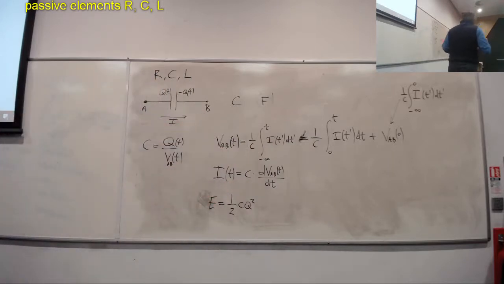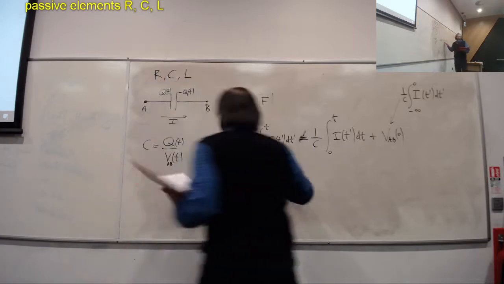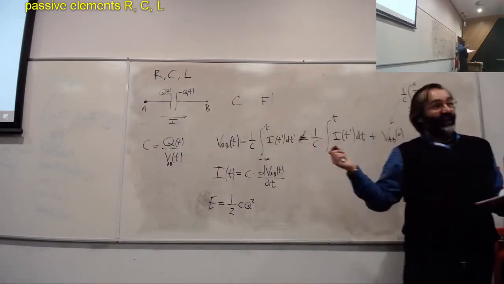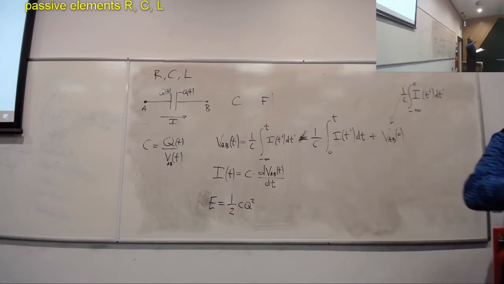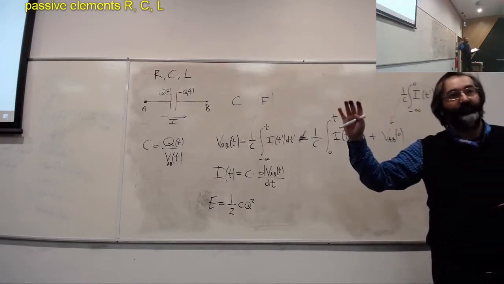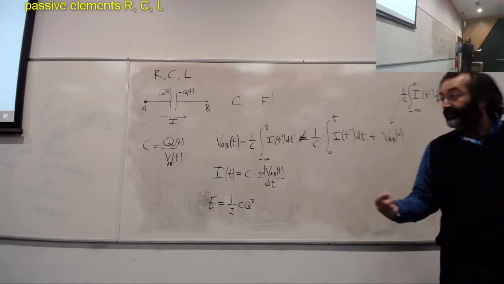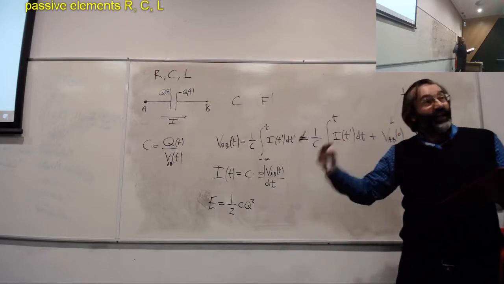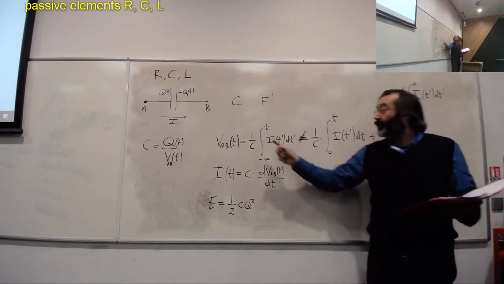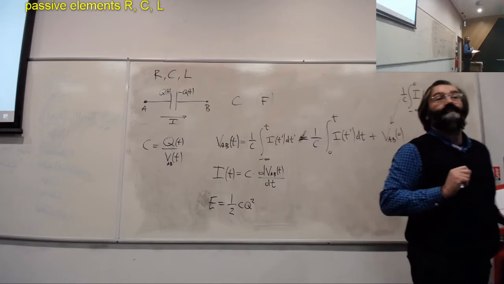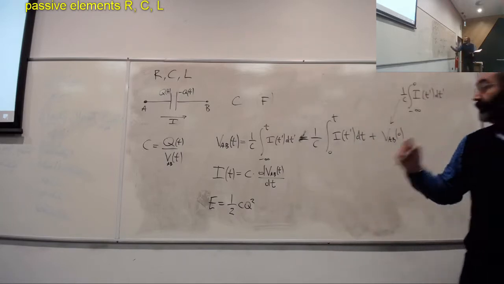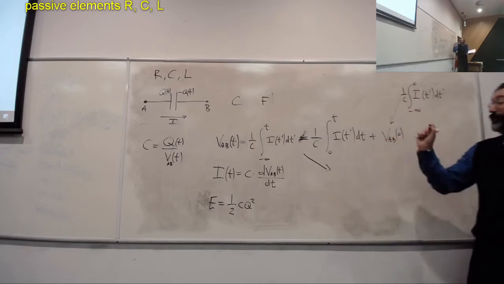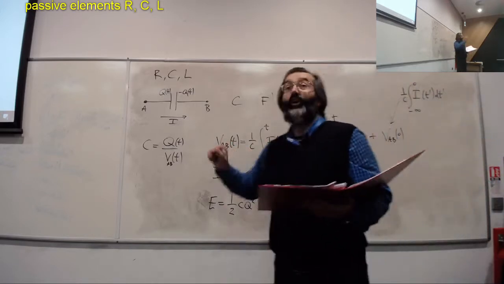This means that while the current can be any wild function you can imagine, the integral of any wild function will be smooth, which we translate in the fact that the capacitor does not allow sudden changes of the voltage at its edges. So remember this, the capacitor does not allow sudden changes of voltage at its edges.